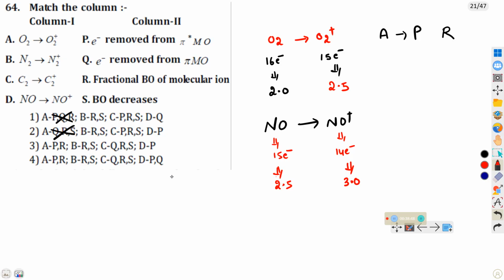So for D, remove one more electron from the anti-bonding pi star orbital. So for D, P is correct. Only one option: third option.